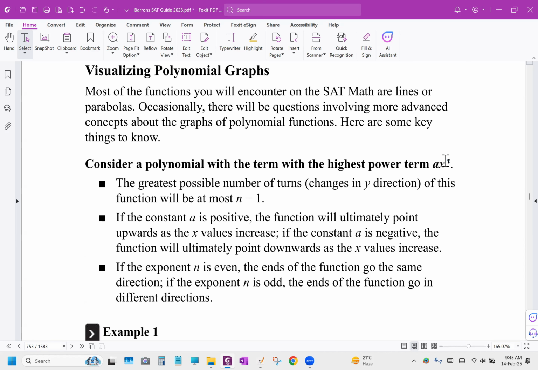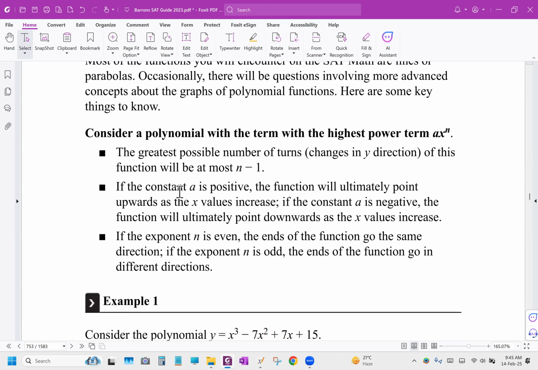The term which consists of the highest exponent is called the highest power term, ax to the power n. If you don't know the highest power term, you won't be able to solve some problems, because these are the rules.